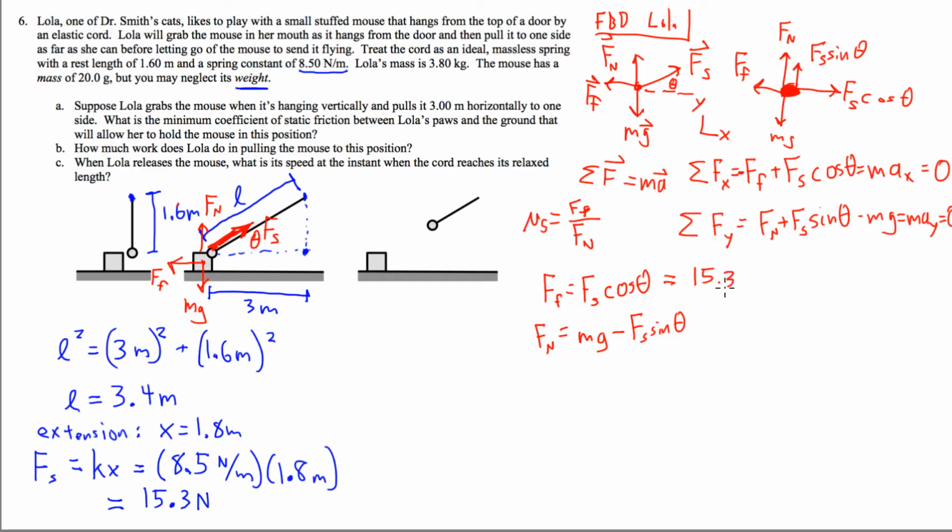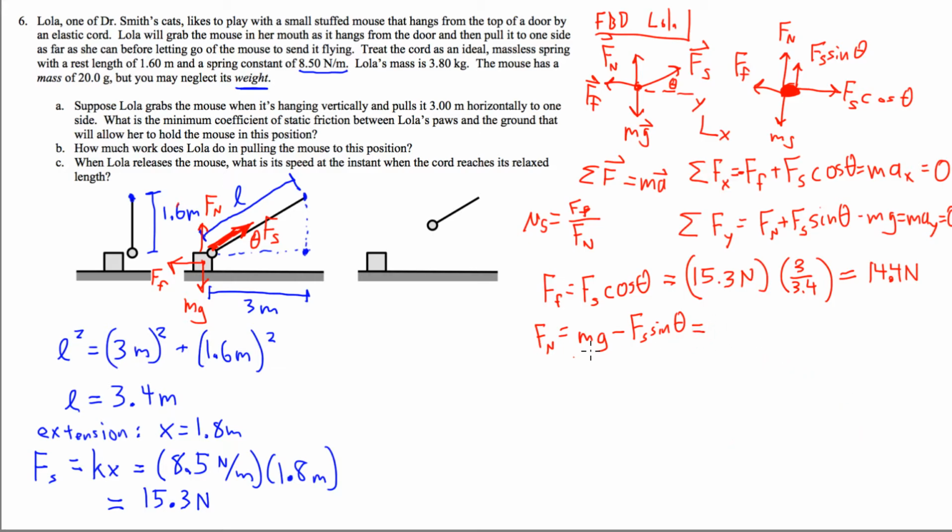So I'm going to plug in 15.3 newtons times 3 over 3.4, and that works out to 4.5 times 3, which is 14.4 newtons. That sounds right. So 14.4 newtons.